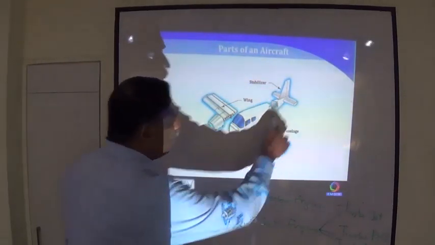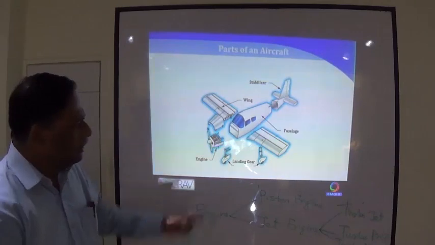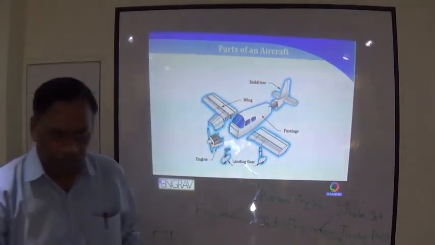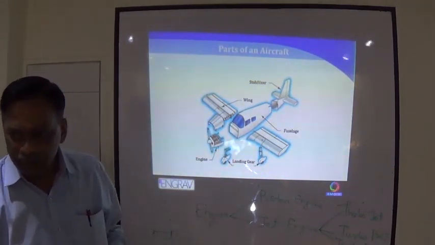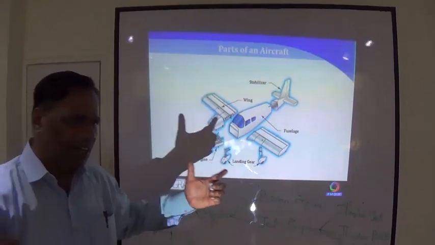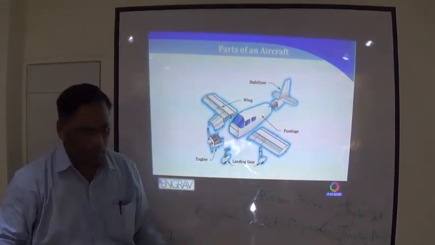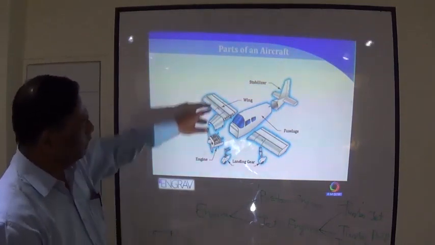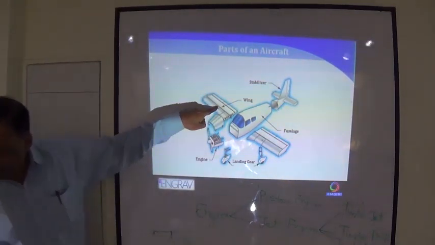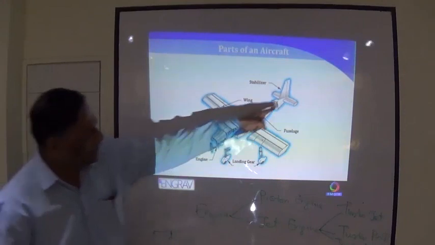The whole body of the aircraft we call the fuselage. That is the shell, like the body of a car. And obviously everybody knows what a wing is, right?